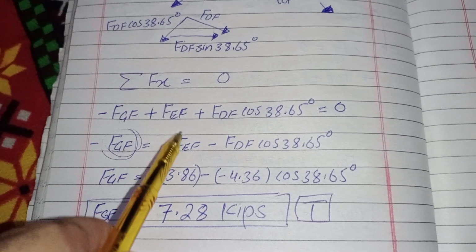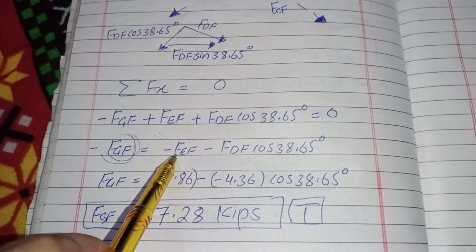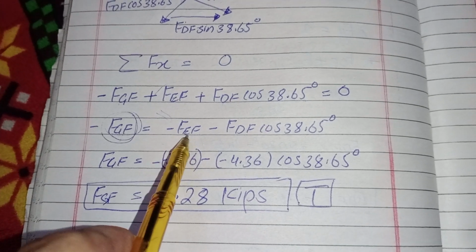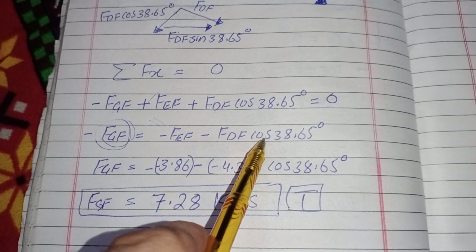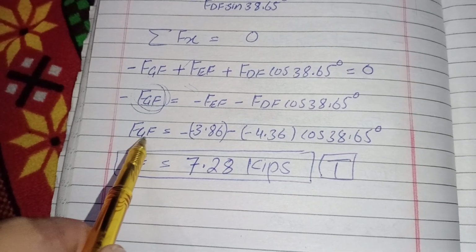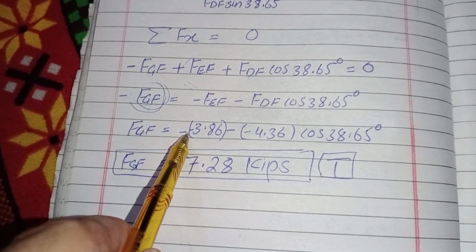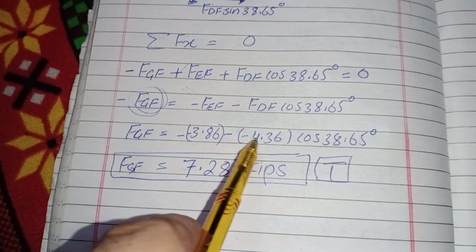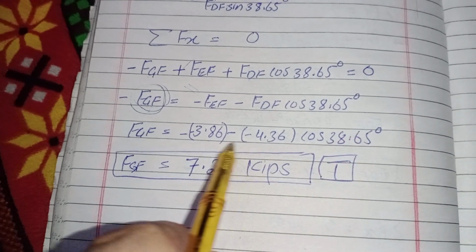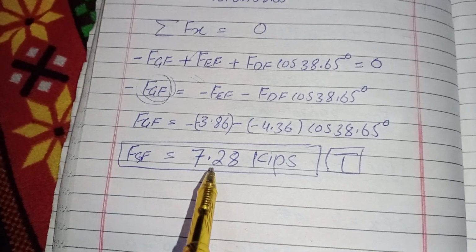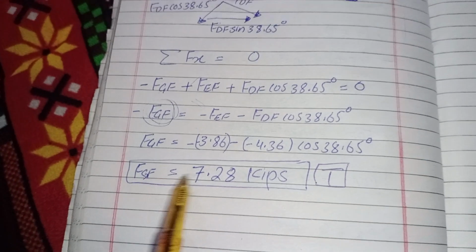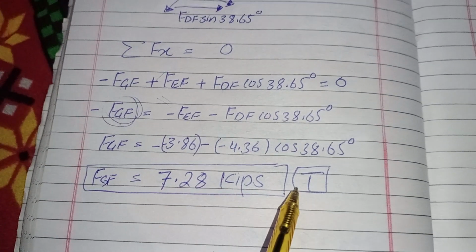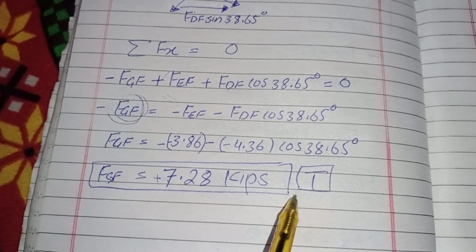So I move all these values to the right side, because these are known to us. So negative FEF, negative FDF cos 38.65. So FGF will equal negative into negative 4.6. If you solve this on your calculator, the result comes out FGF equals 7.28. The positive sign shows that it is in tension.